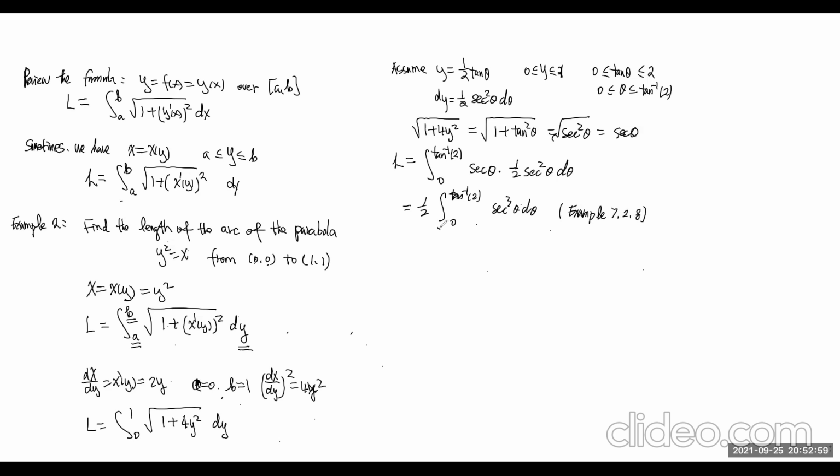We know the antiderivative of this term is half secant theta tangent theta plus ln of secant theta plus tangent theta, right? And the value is between 0 and tangent inverse 2. Okay.